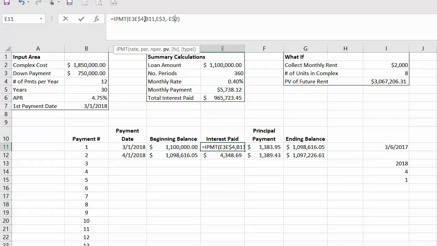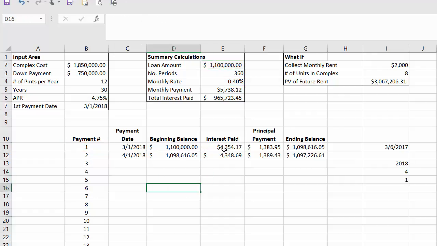Notice that's all fixed, and then this is mixed, this is mixed, this is fixed, that fixed, and the only thing that changes here is this payment number off to the side. So that tells us of this payment here, this amount, $4,354.17, went toward interest.